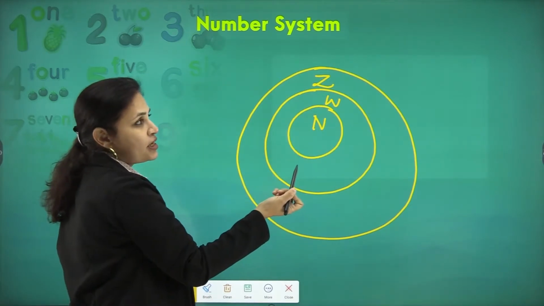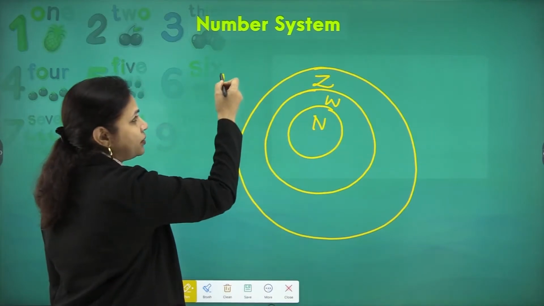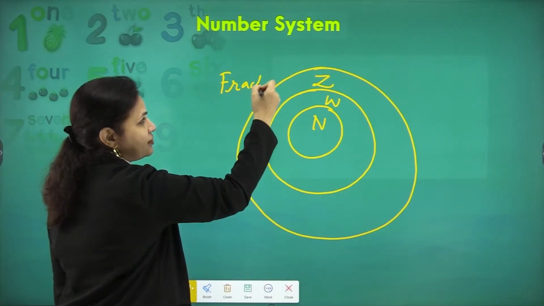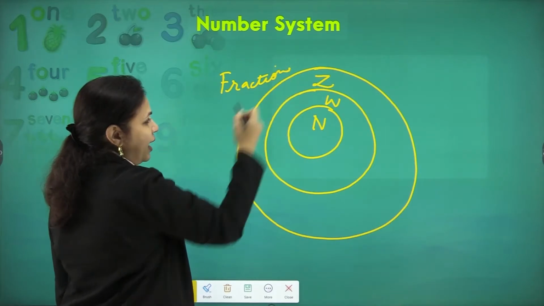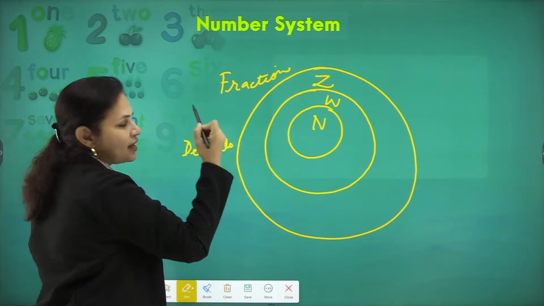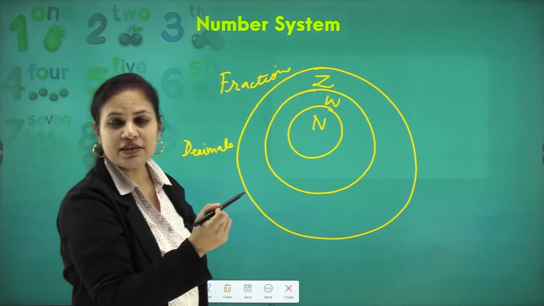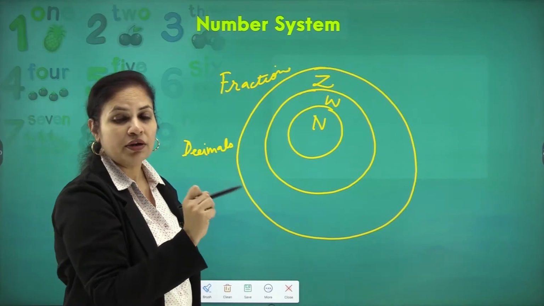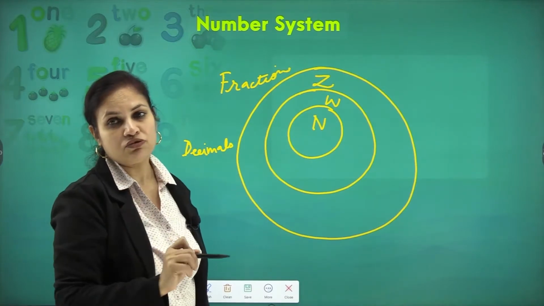Along with this, we've also learnt about fractions and decimals. Decimals are nothing but a way of representing fractions on a place value chart.